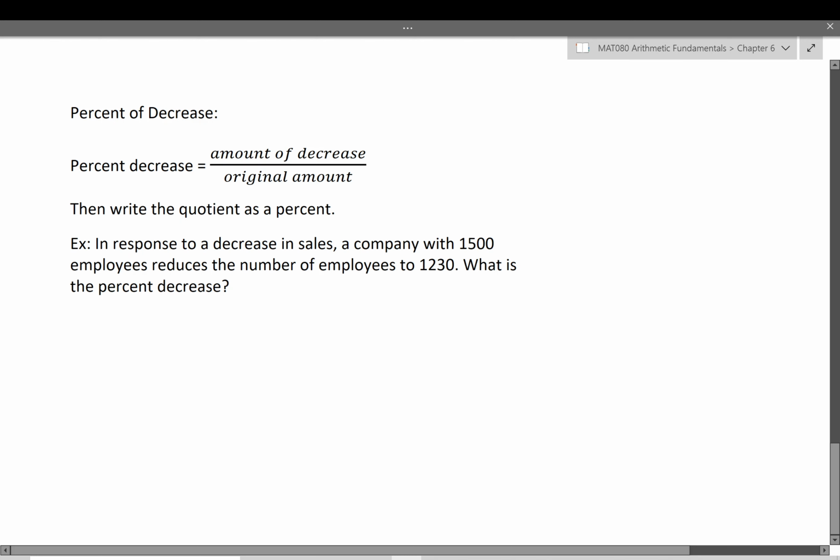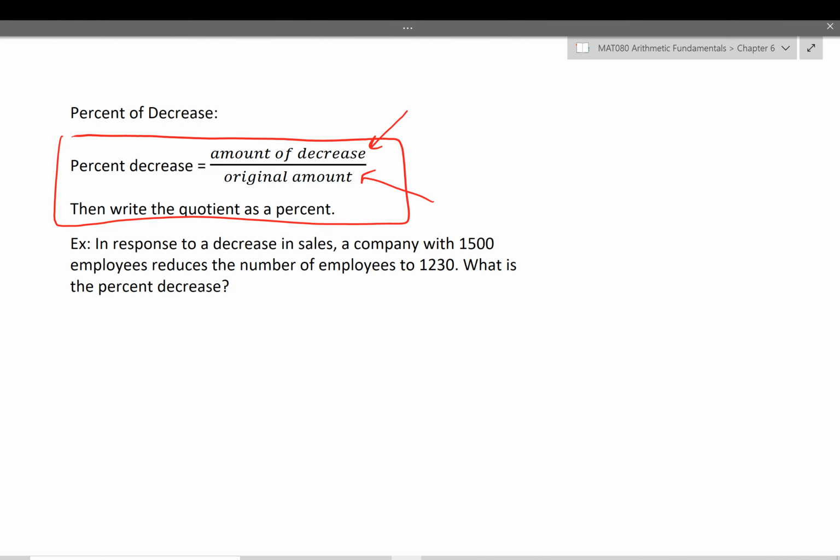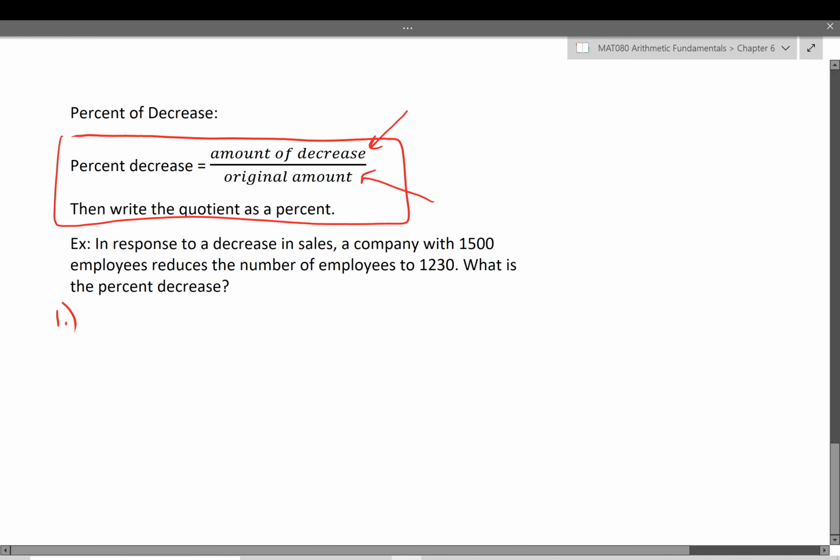Okay? So, just like percent increase, we have percent decrease. And once again, it's very similar. You're going to find the amount of decrease divided by the original amount. So, in response to a decrease in sales, a company with 1,500 employees reduces the number of employees to 1,230. What is the percent decrease? So, step one, we want to find the amount of decrease.